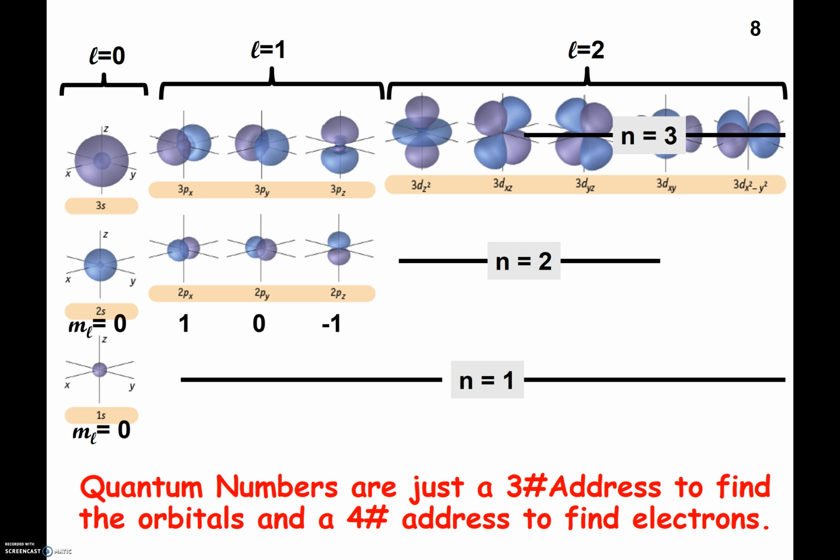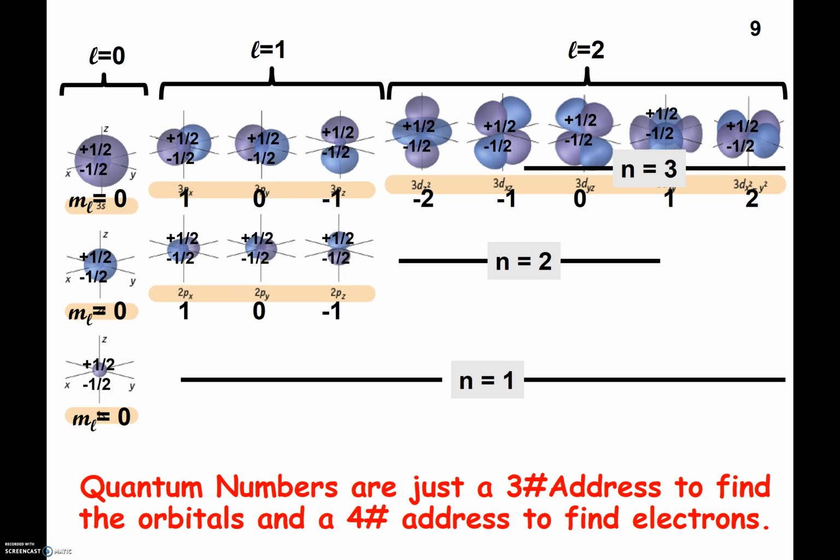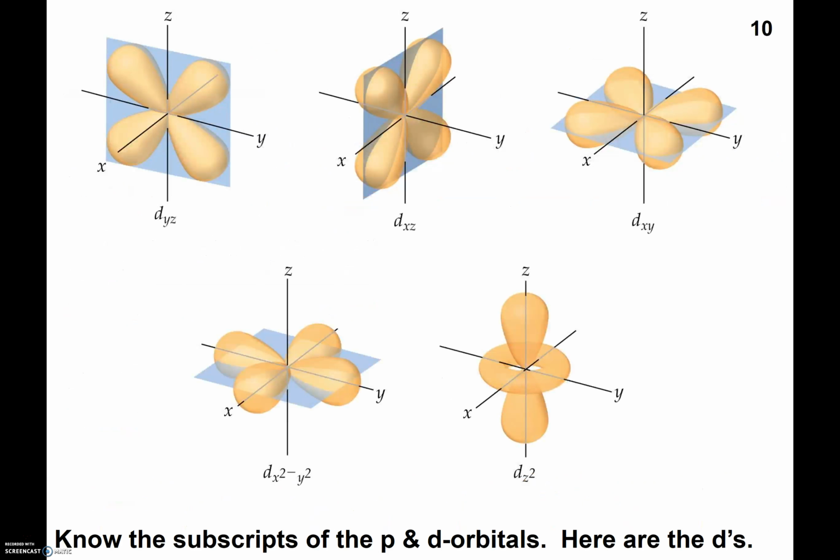And then the M sub L's are listed here, showing that all again. That helps you to figure out what suborbital you're talking about. But then you can have plus a half or minus a half in each one to designate the 2 electrons that fit in there. Anytime you see 3 quantum numbers, the n, the L, and the M sub L, you'll know what orbital you're talking about. Then you need the 4th one to tell which electron you're talking about: spin up or spin down.